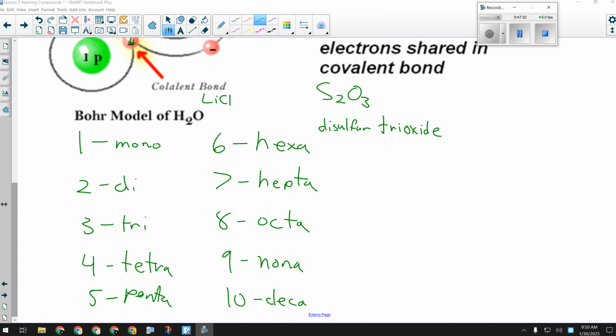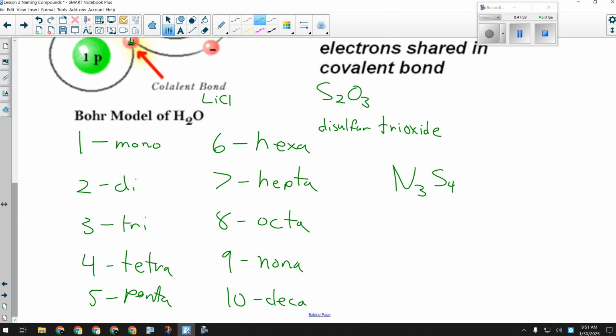Okay, so with those rules, what would we call this? How many nitrogens are there? 3. Prefix is?